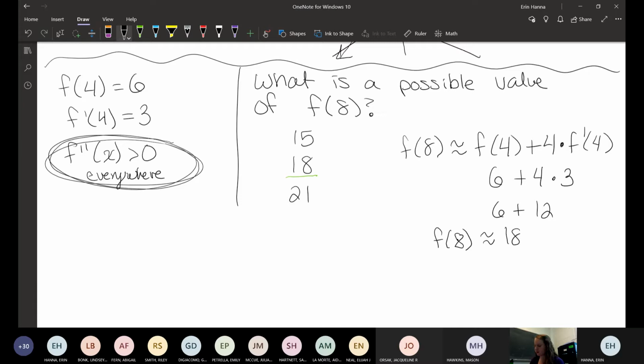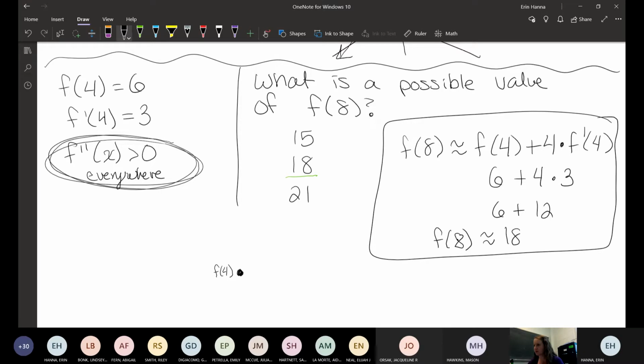Let's say here's f of 4. What I'm doing when I calculate this estimate over here is technically using the tangent line, a straight line, to try to estimate f of 8, going over 1 and up 3 a bunch of times.